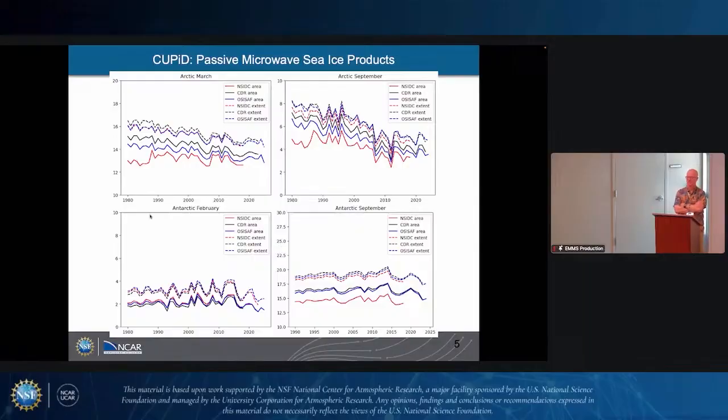But even if you fill the pole hole, it matches the others, doesn't it? It's still quite different in terms of the mean state, but in terms of the trends it matches the others a lot better. Right. So maybe it's a rabbit hole, but nonetheless it's worth highlighting these big differences and what our truth is. That's all I was trying to say.